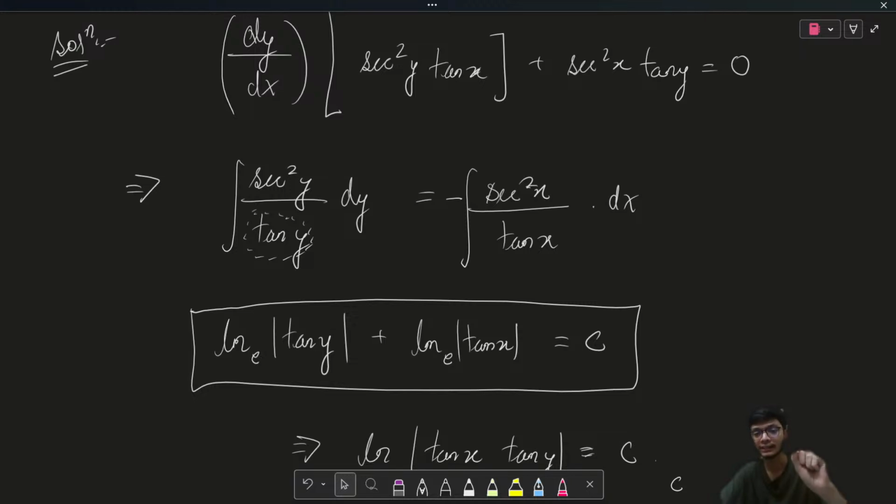This solution is the general solution of the family of curves. But in order to get a particular solution of the curve, I need some condition that is also known as the initial value problem or the boundary value problem, right? So I hope this is clear. Now, for a first order differential equation, we definitely need only one condition, right? So that will generally be classified as an initial value problem only.